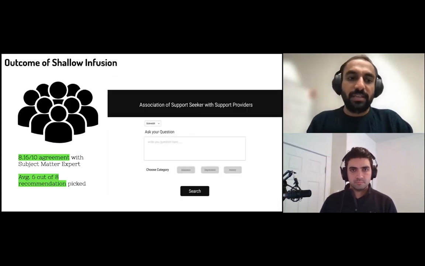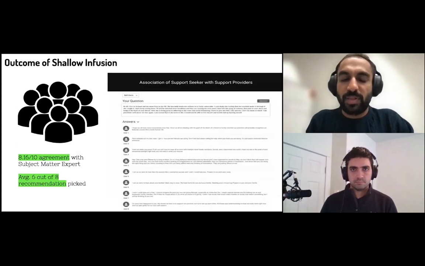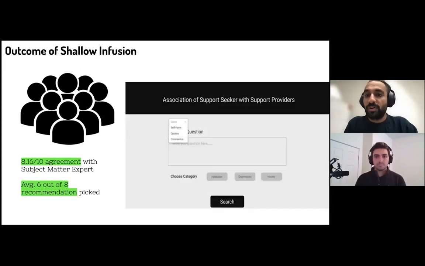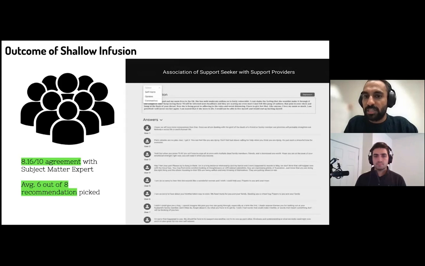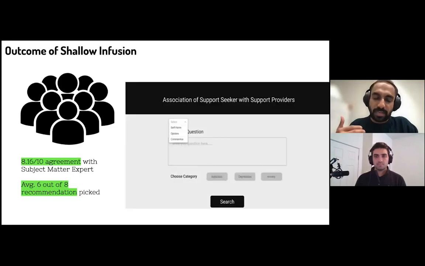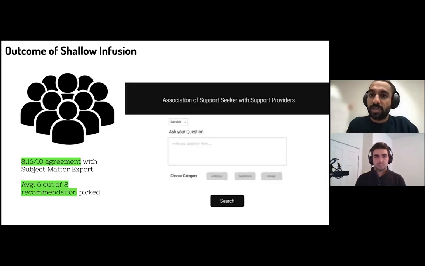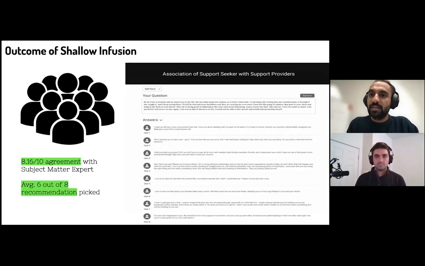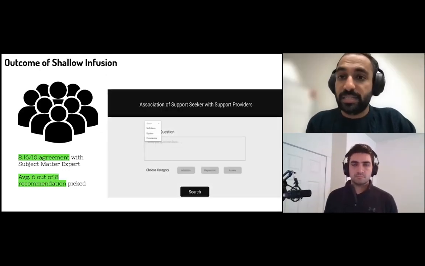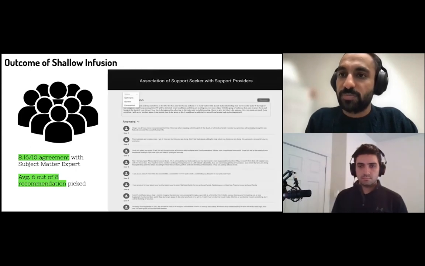And we get an approximately 8.16 agreement from the 10 experts that we involved in this project. But as I said before, annotation is a very cumbersome and time-consuming task, and it requires a lot of innovation in this process.